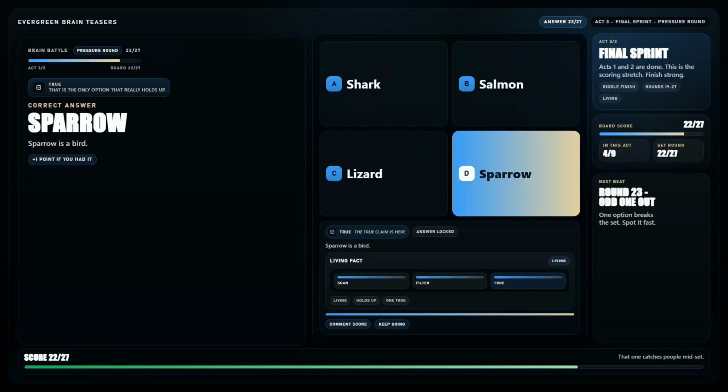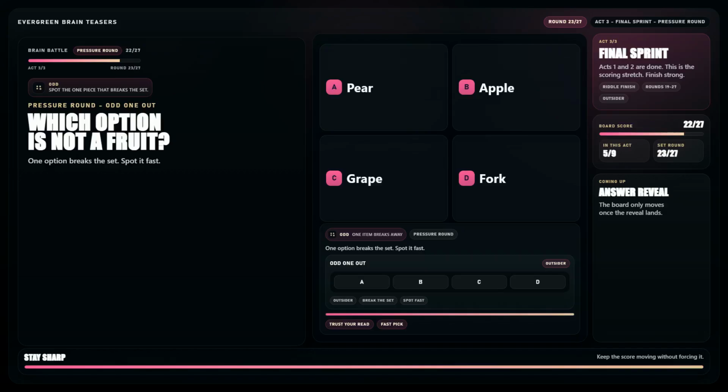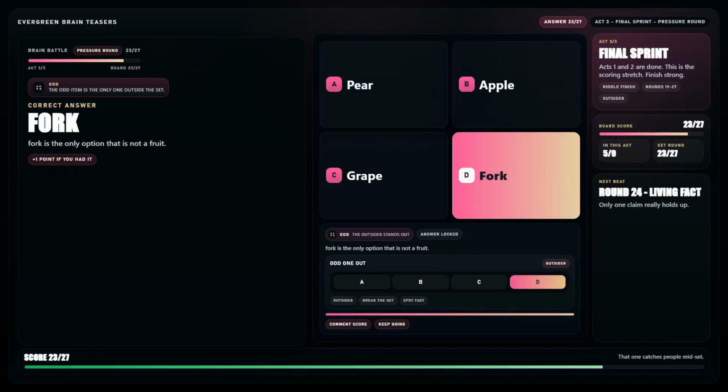Barrow. Outsider switch. Which option is not a fruit? Fork. That is the outsider.